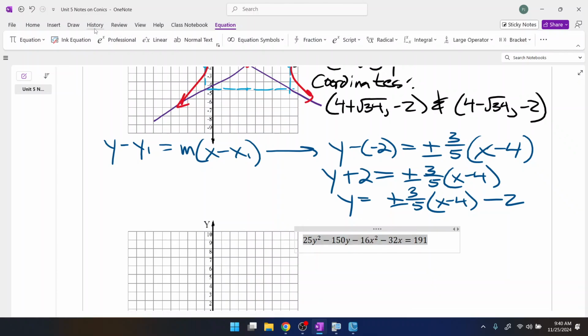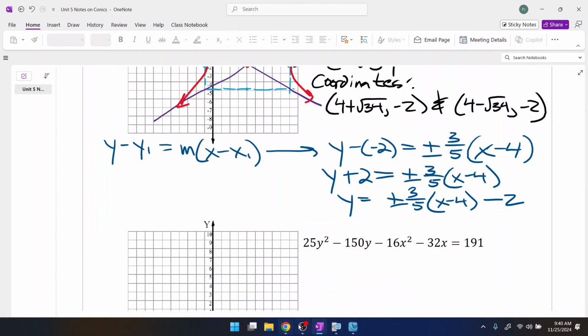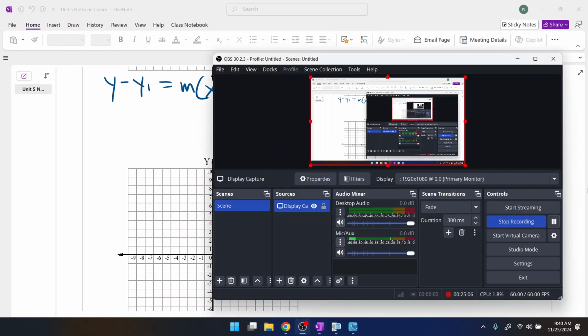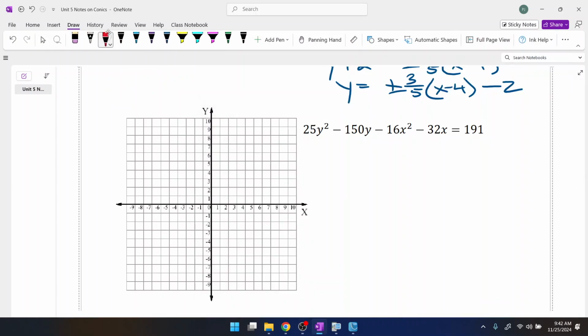So if you'll notice, the x squared is negative. The y squared part is going to be positive, so it's going to have a vertical transverse axis here. And let's see what we got here. So let's take the 25 out of the y squared, so that's y squared minus 6y plus blank.